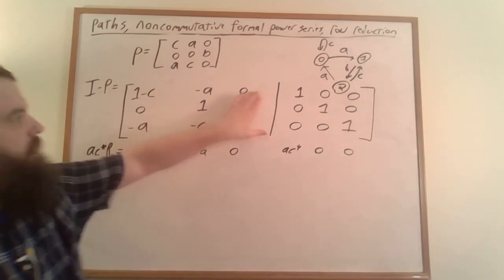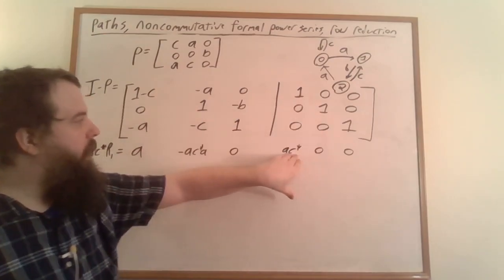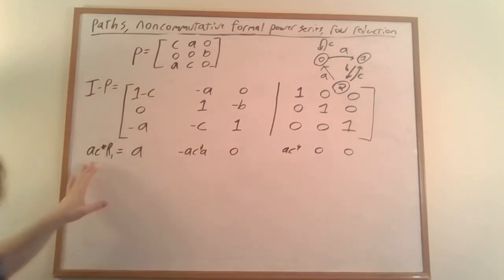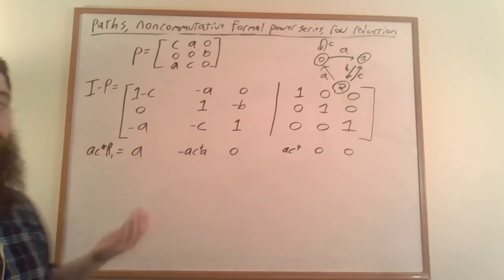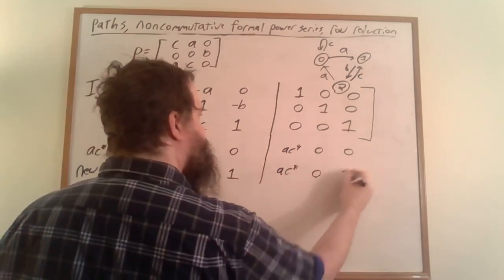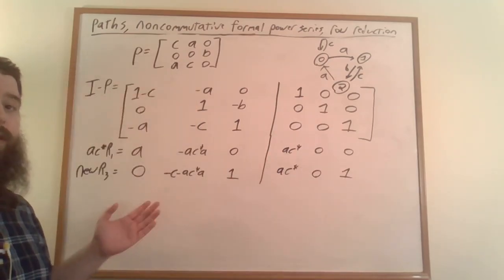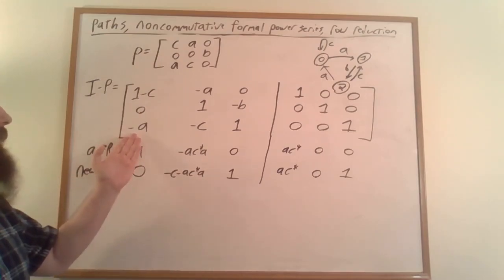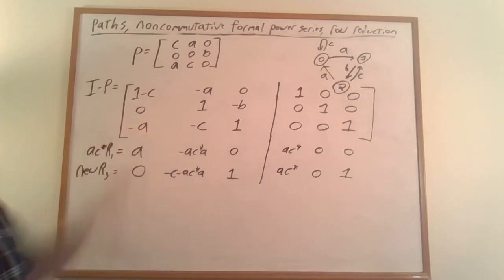And then multiplying the zeros and the 1 on the left by ac star is fairly straightforward. So this is our multiple of row 1, and we'd like to add this to row 3 to get our new row 3. So this is our new row 3 attained by adding a multiple of row 1 to the original row 3. Let me copy this up here.